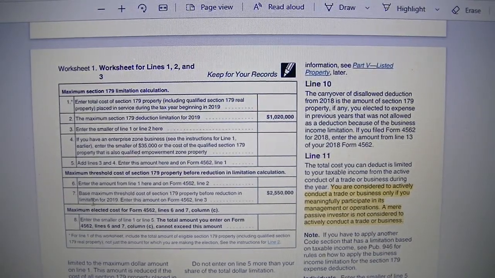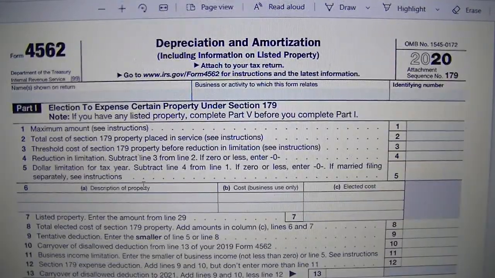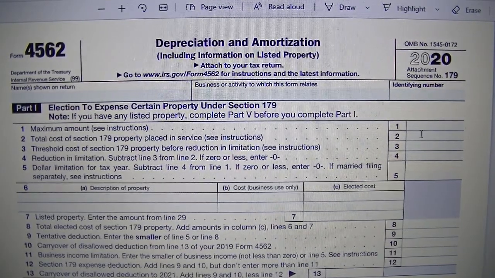Because we use 1 million, and 1 million is already lower than 1,040,000, in an example of a 1 million asset placed in service, that will be the 1 million that you'll have on line 2.